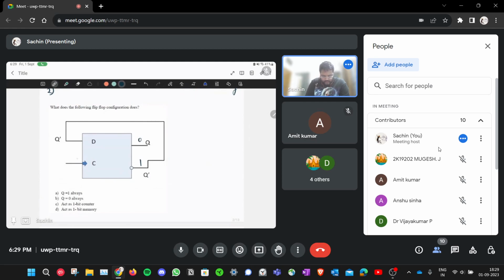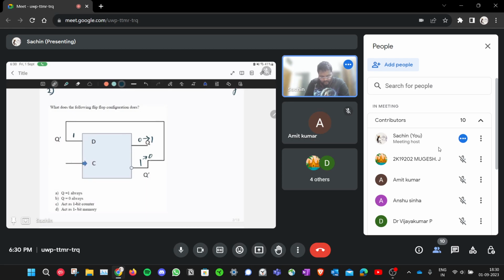What will happen at the positive edge of the clock pulse? This 1 is the input to the D flip-flop, and the output is the same as whatever you give to D, right? So this 0 changes to 1, and since this is Q bar, this 1 changes to 0.